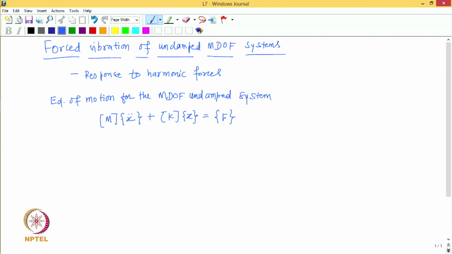So, here the matrices M and K are the mass and stiffness matrices, and they are symmetric.